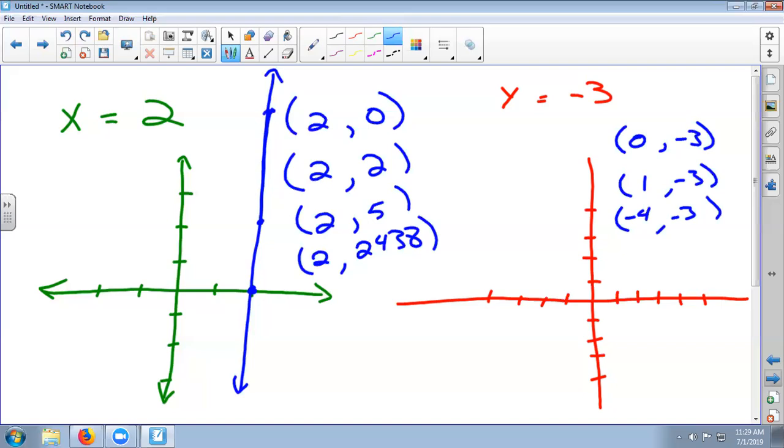So 0, -3, 1, -3, -4, -3, doesn't really matter. It's a horizontal line where y equals -3. These only occur when you're missing an x or a y term in your original equation.